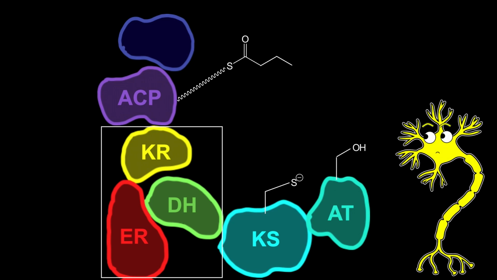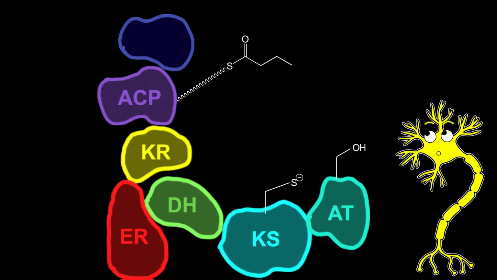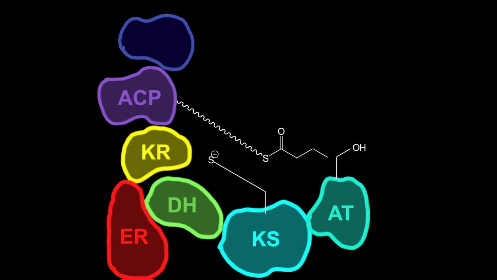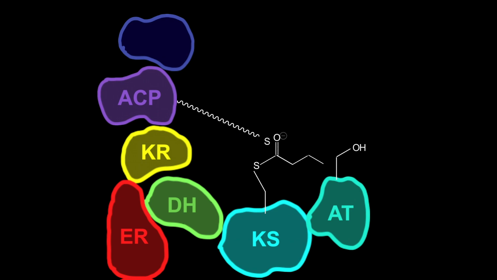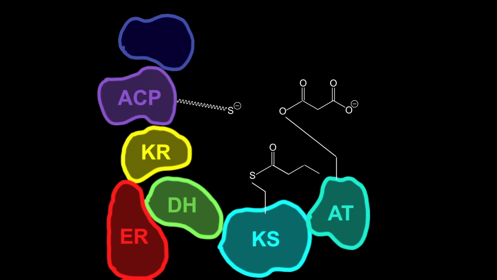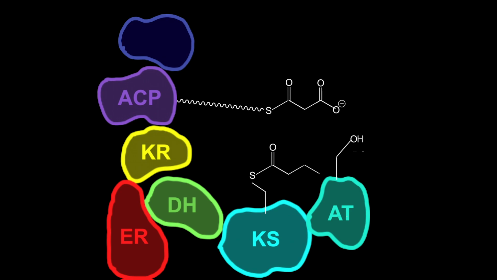These three steps in combination help reduce the carbonyl down to the alkane oxidation level, and are thus called the tailoring domains. And once ACP is done with tailoring, or modification, it carries the molecule back to the ketosynthase domain, and the next cycle is ready to begin. The acyltransferase domain selects malonyl-CoA, which ACP carries to the ketosynthase domain.